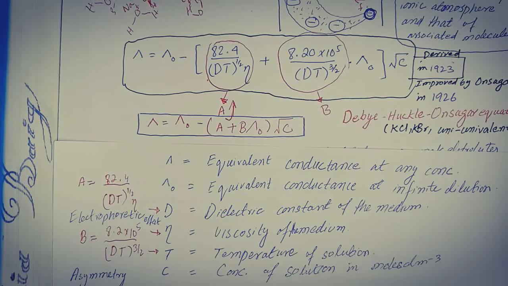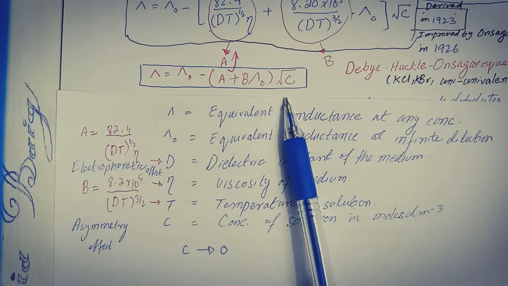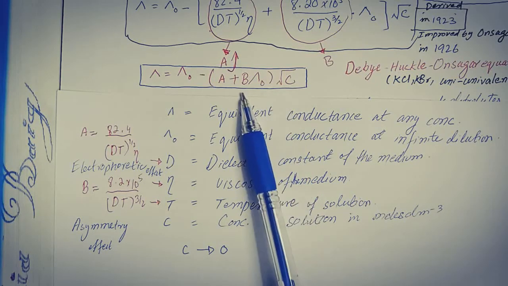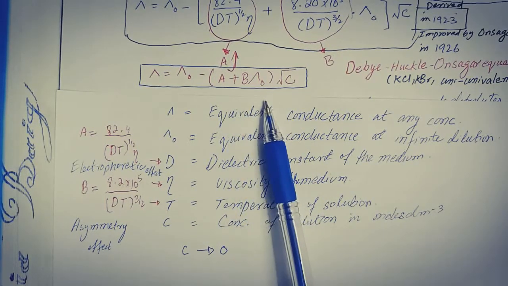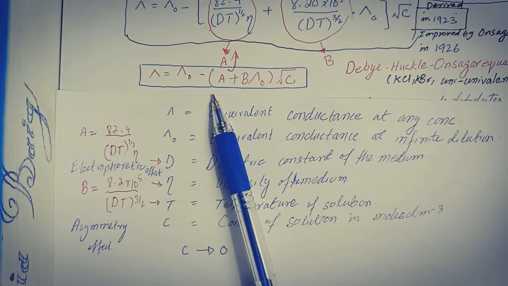So at infinite dilution, according to the Debye-Huckel-Onsager equation, when the solution is infinitely dilute, the value of the concentration approaches zero. So when the concentration approaches zero, the zero value multiplied to these terms will give a contribution that is negligible.